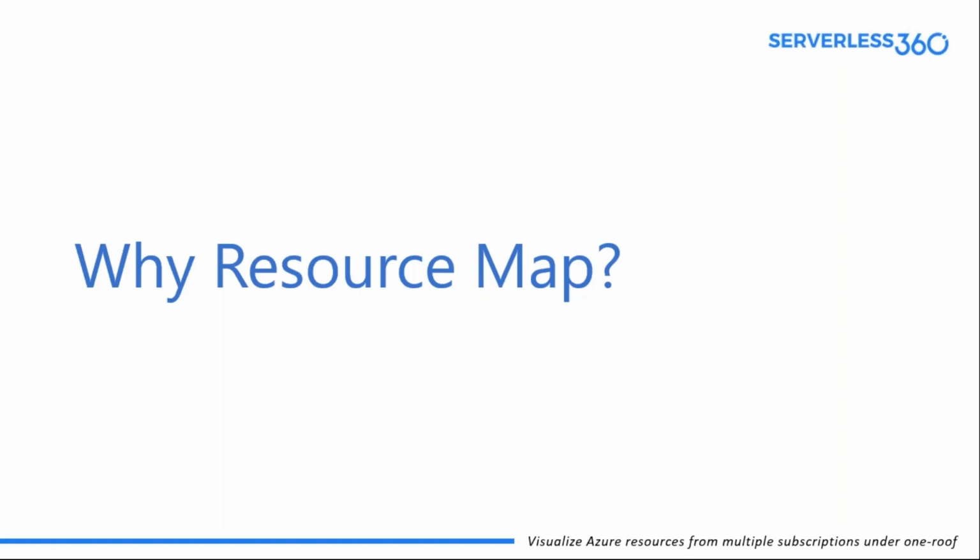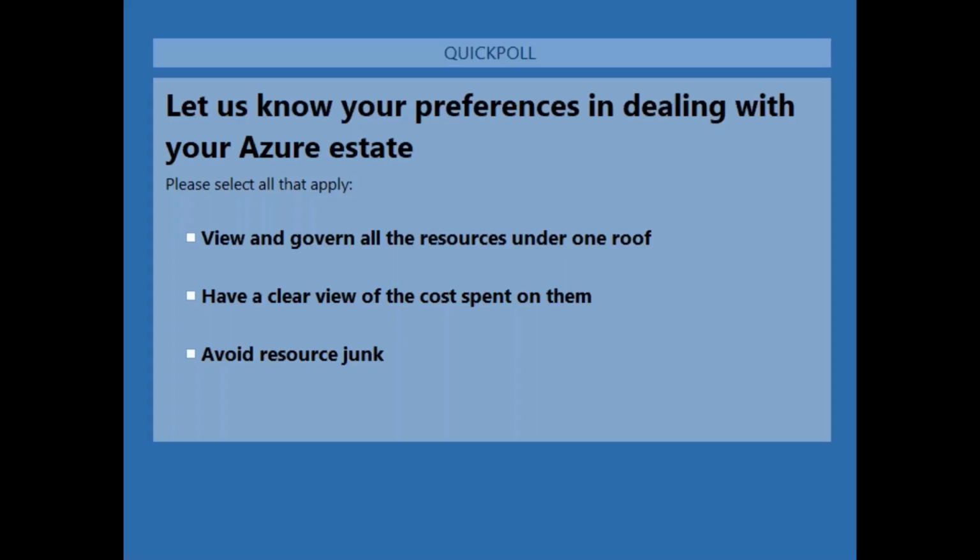At this point, the customers come up with a number of requests. And I would like to understand if those requests coincide with your preferences as well. Here I am posting a poll, and I would like to understand from the participants whether these are some preferences that you would like to have while dealing with your Azure estate.